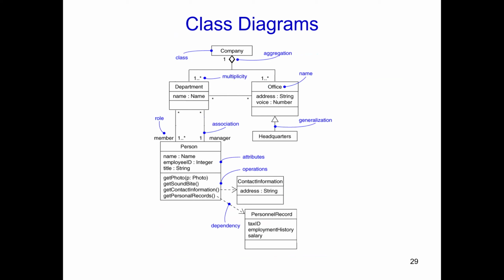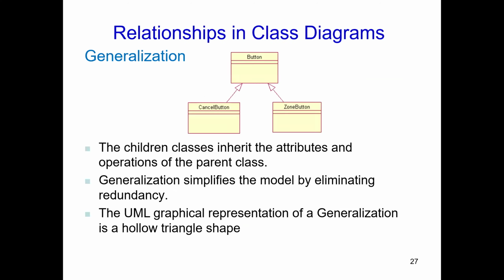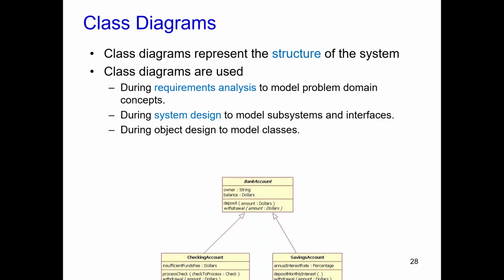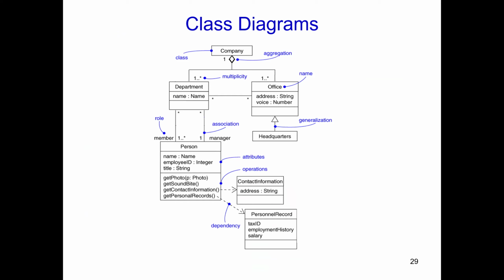All of them can be described using this person. And then the office is one. I forgot the name, sorry. The generalization arrow right there, which is basically using some of the information from the office to create the headquarters.